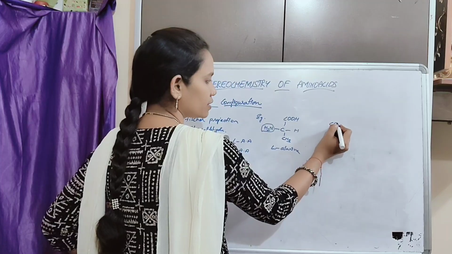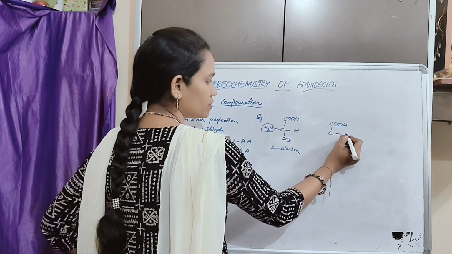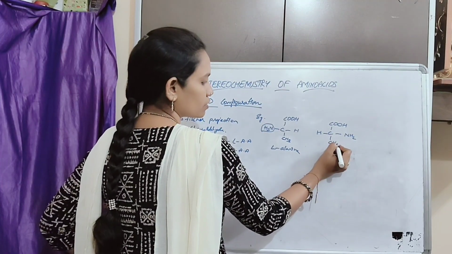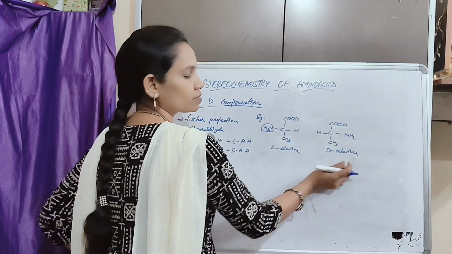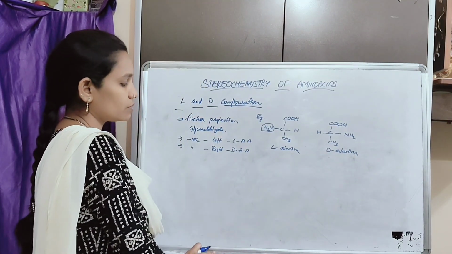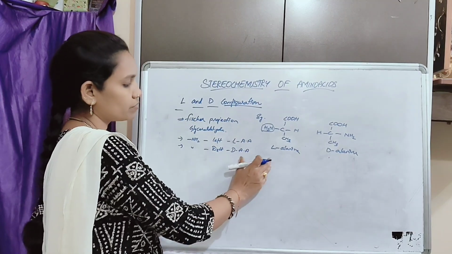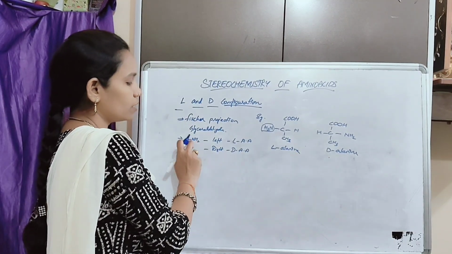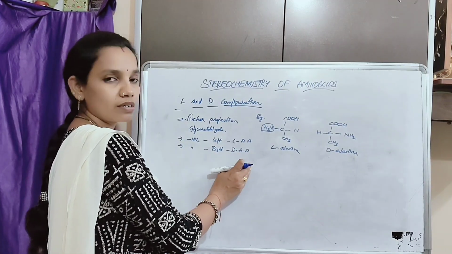On the other side, if the amino group is on the right side, then it is D-alanine. Is it okay? So here, this is how we have to differentiate L-alanine and D-alanine based on the amino group configuration, whether it is on the left or on the right.